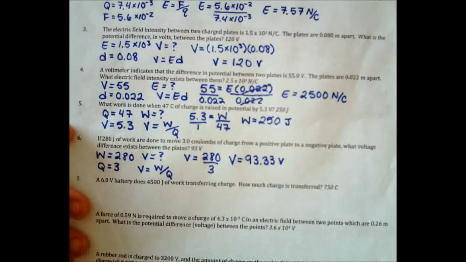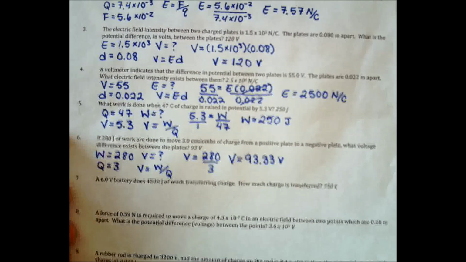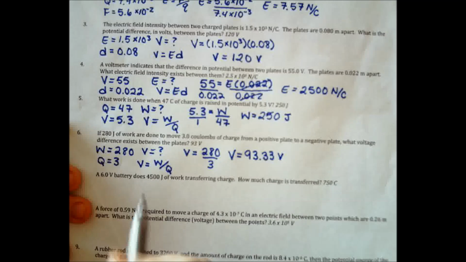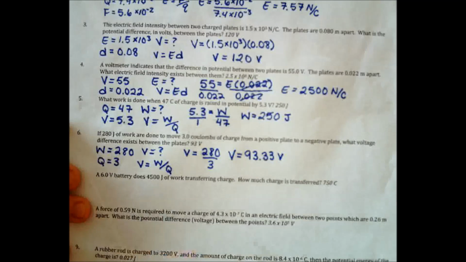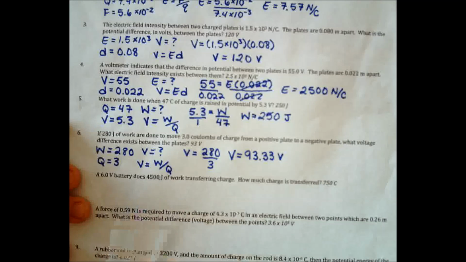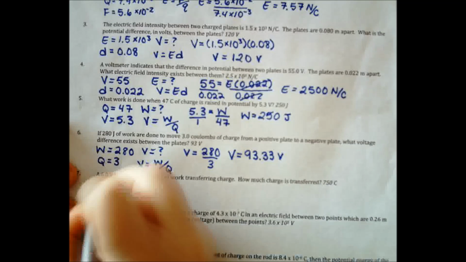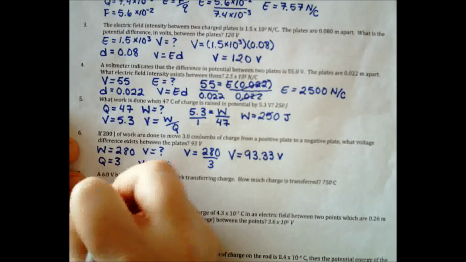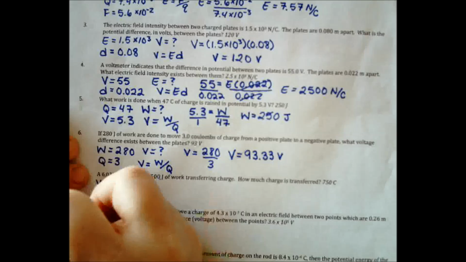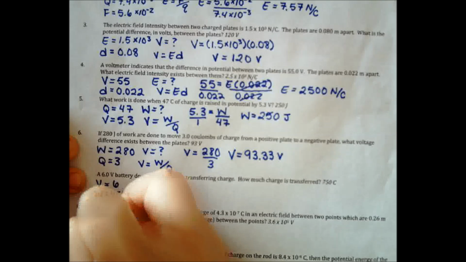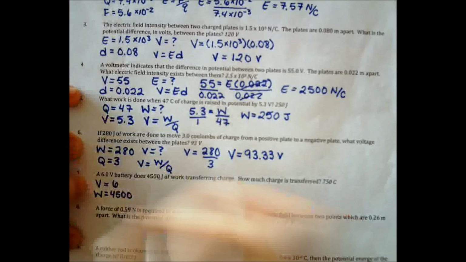Let's go ahead and scoot this way up. A 6-volt battery does 4,500 joules of work. That's a lot of work. So a 6-volt battery, so potential difference is 6, does 4,500 joules of work by transferring charge.